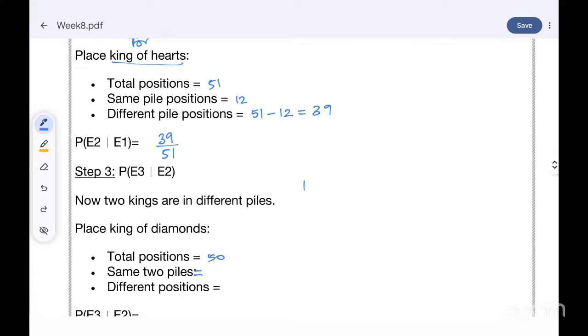Let's say Pi and Pj, spade is here and heart is here. Out of this one is taken, out of this one is taken. So how many are there in the same two piles? 12 into 12, Pi plus Pj.